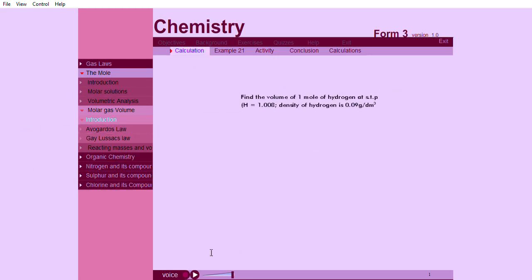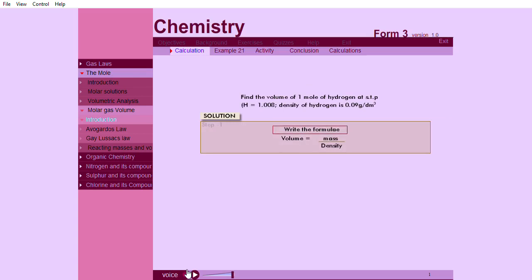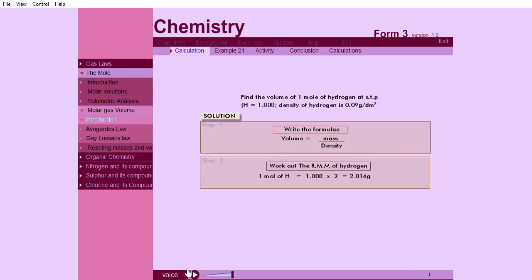Find the volume of 1 mole of hydrogen at standard temperature and pressure.